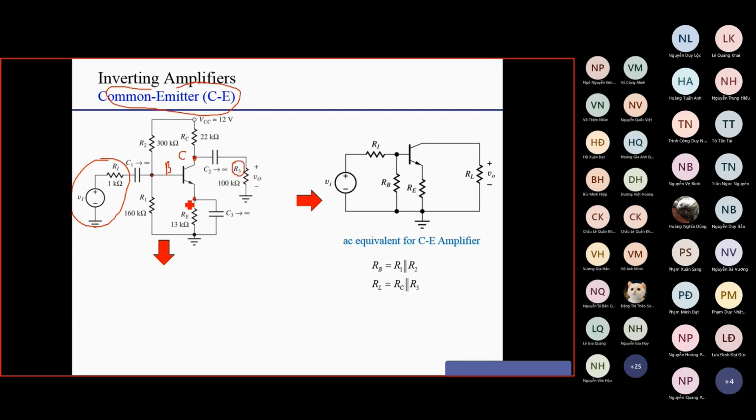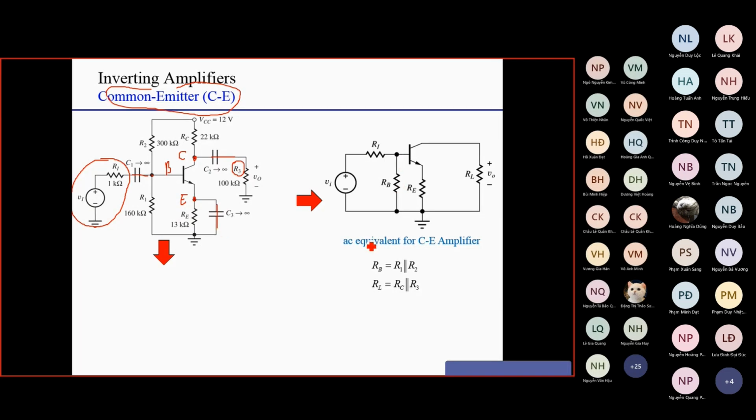Okay, so the emitter terminal here is common for both the input and the output, and that's why we call it common emitter. The first step, DC analysis, is very simple, so we do not consider that. The second step is the AC equivalent. We replace the coupling capacitor and bypass capacitor by short circuit.